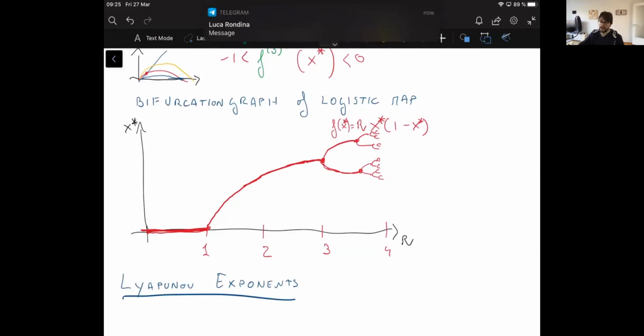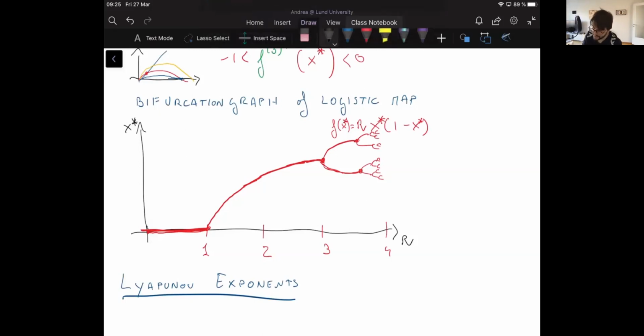In fact, why does chaos appear? So in fact, chaos is something which has an inherent structure that might look random, but there is an inherent structure behind it, and it is this inherent structure that we can study.